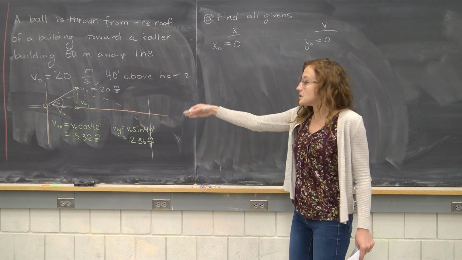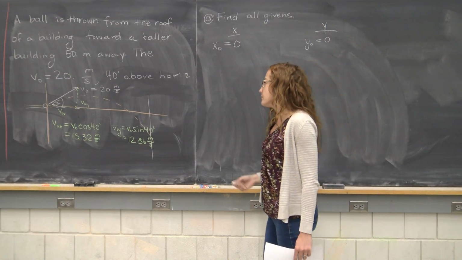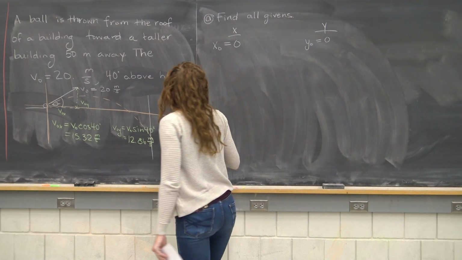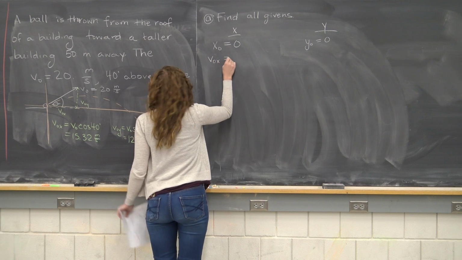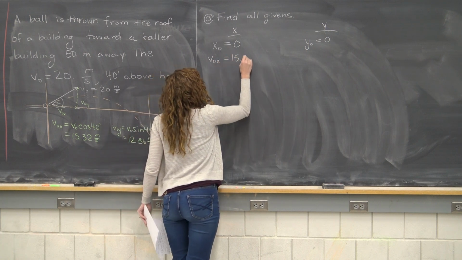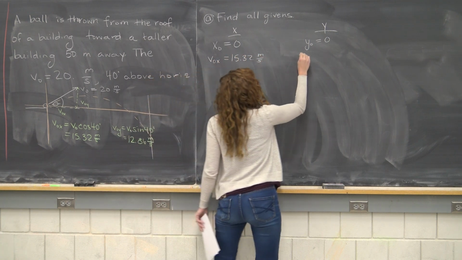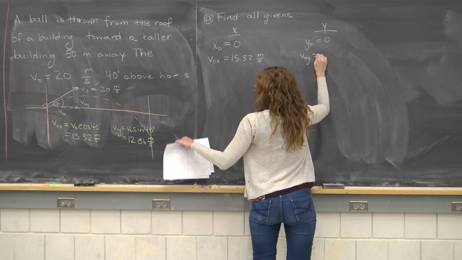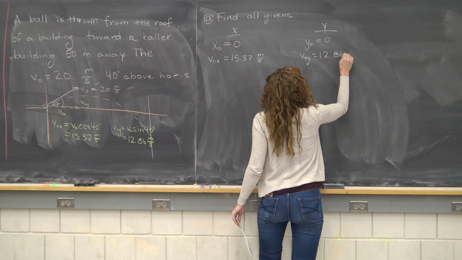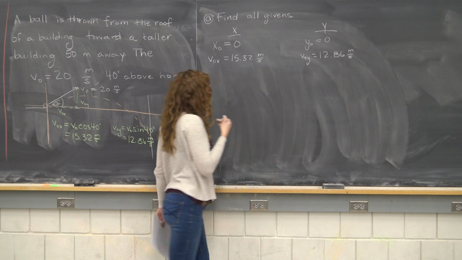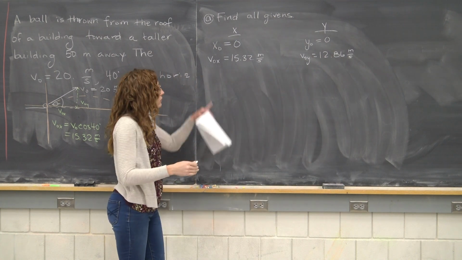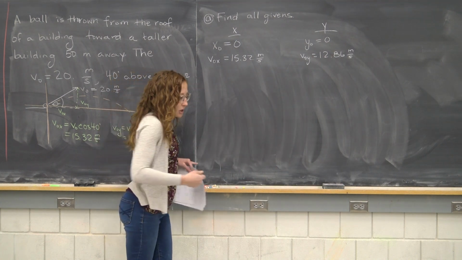We don't know how high this building is, right? So I don't see any other better choice here. V naught x, we just said, was 15.32 meters per second. V naught y, we just said, was 12.86 meters per second. And then, because there's no wind, right, so we've covered position, velocity, now let's talk about acceleration.